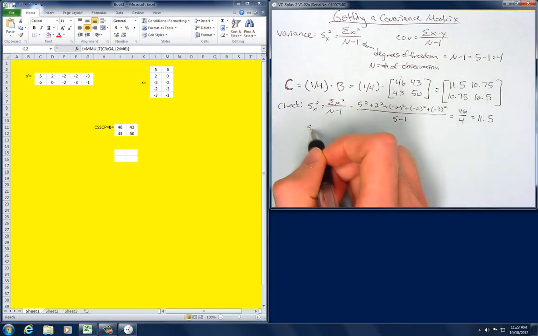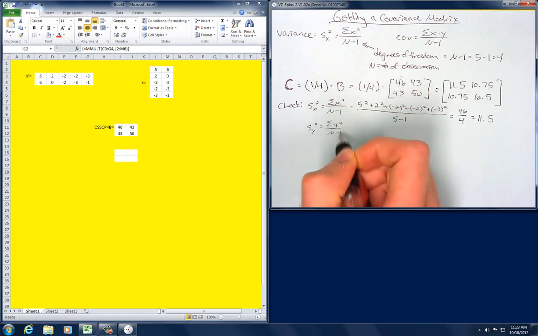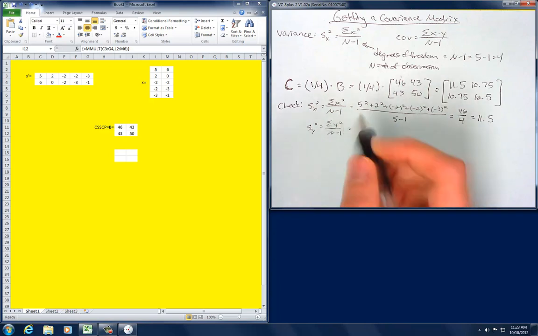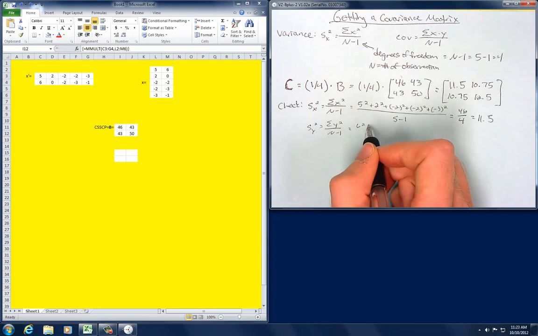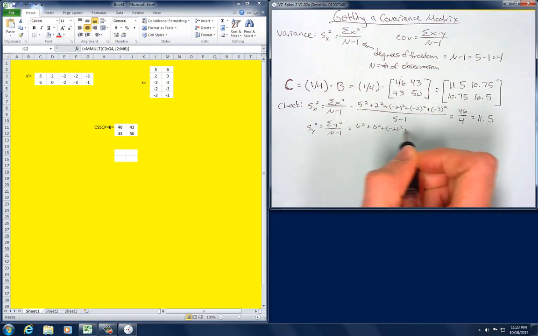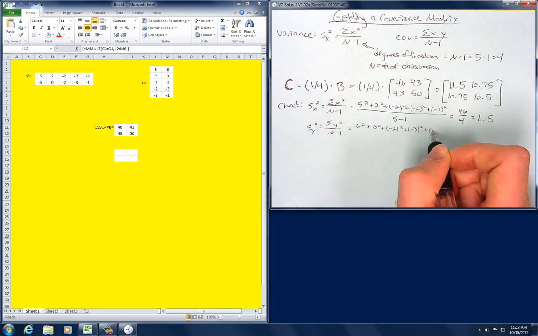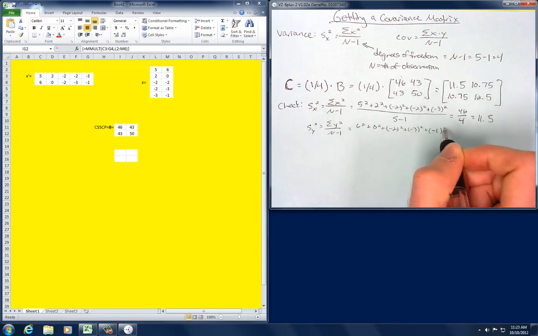Let's do the variance of y. You get 6 squared plus 0 squared plus negative 2 squared, negative 3 squared, negative 1 squared.